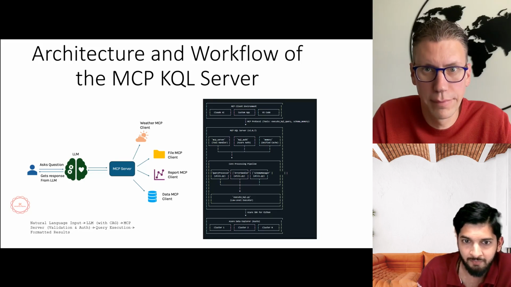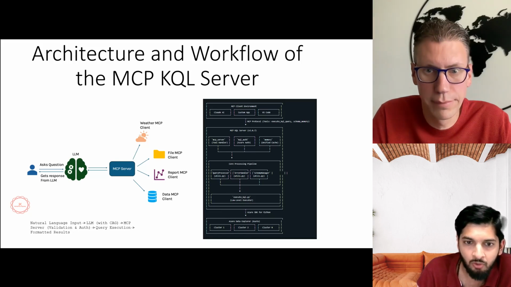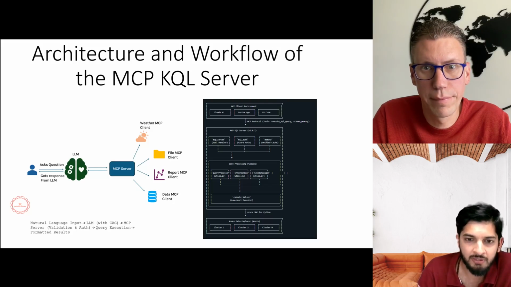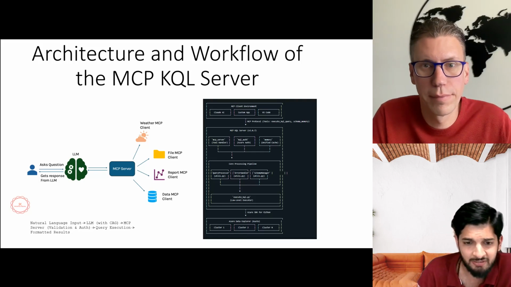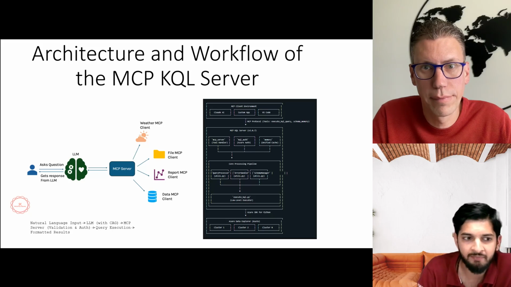The MCP server has three main modules: MCP server, KQL authentication and memory generation. Then the core components, like a query processor, where the new queries get created, errors are handled, and the schema memories are checked. Then it will execute the Kusto queries, get the data from multiple clusters, like cluster 1, 2, 3 from ADX, and generate the response to the LLM, and the LLM will provide the response to the user within the same client environment.